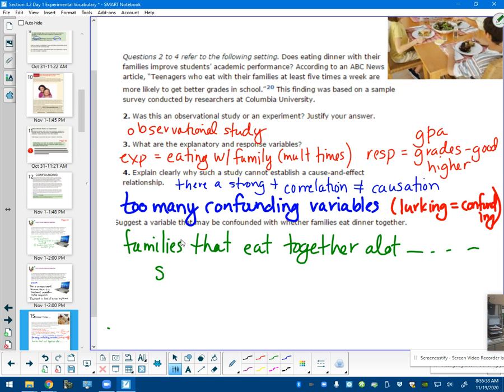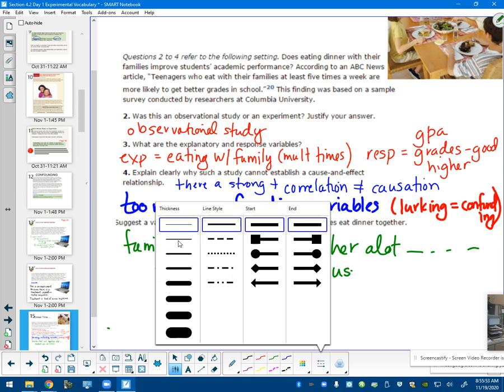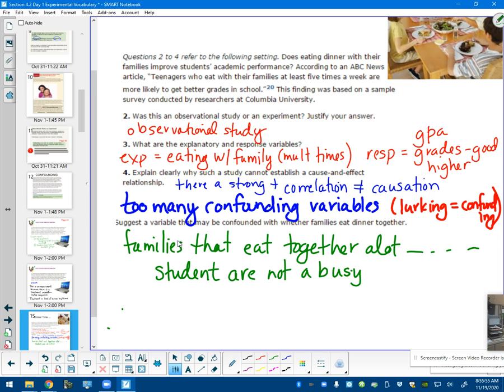Okay, so students are not as busy, therefore what? They have more time to study. Yep, do homework. I just put study time instead of homework because it's shorter.